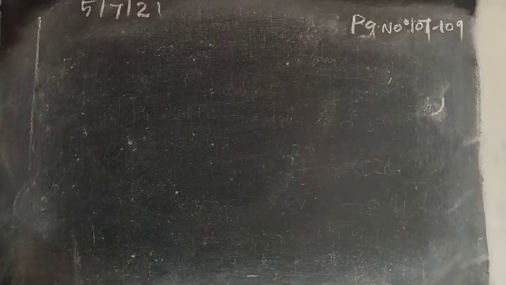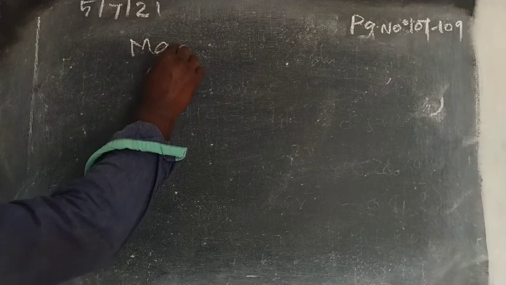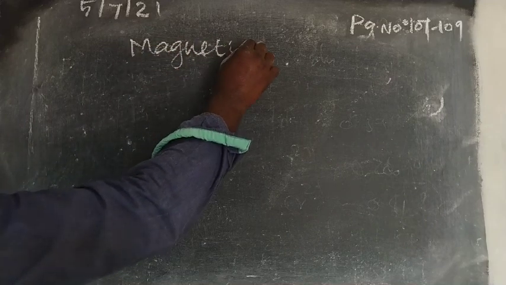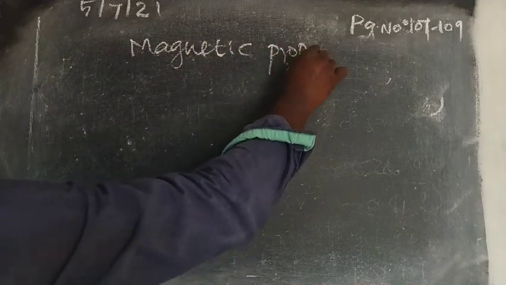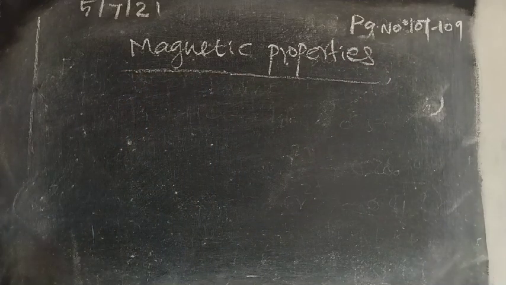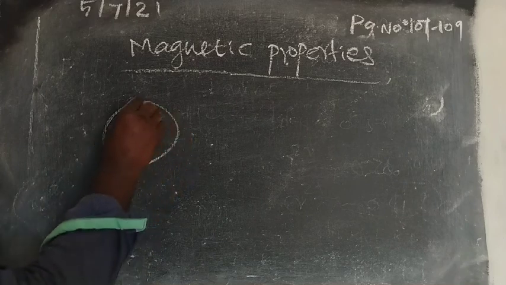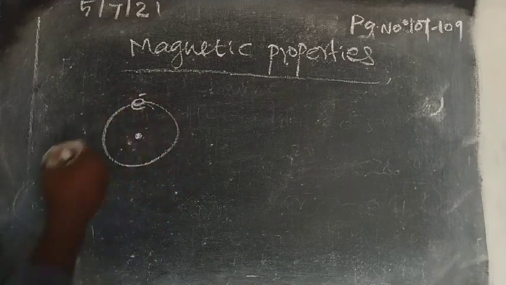See, the magnetic property is related to the electronic configuration. We know in 11th itself we have studied that electrons are revolving around the nucleus.